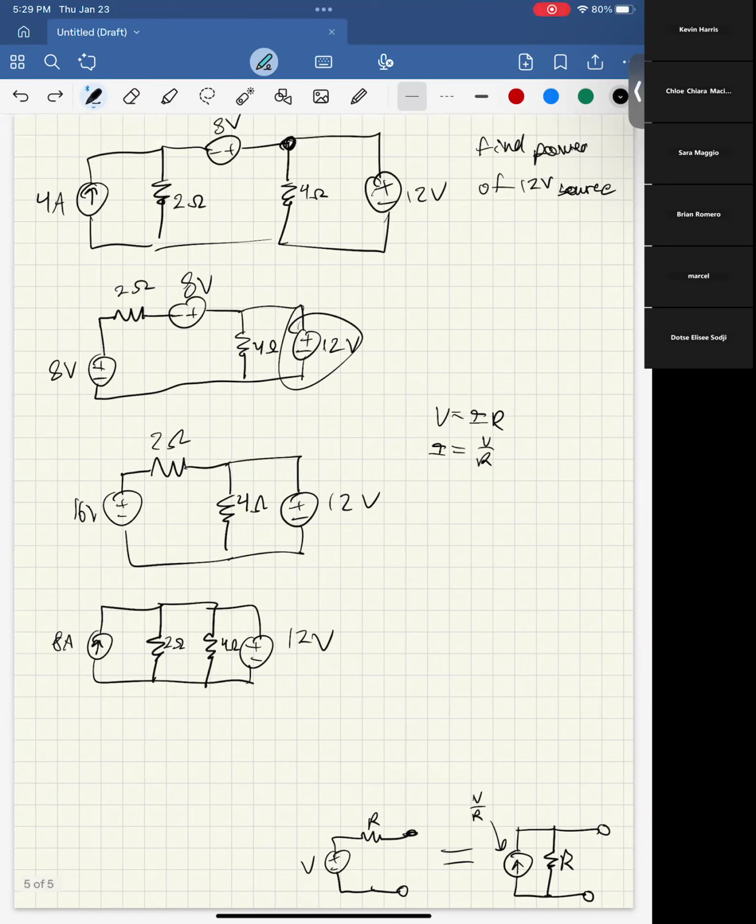So the new resistance will be 2 times 4 over 2 plus 4, which is 8 over 6, which is 4 over 3 ohms. So this then becomes this. I drew those first couple way too big, it seems.